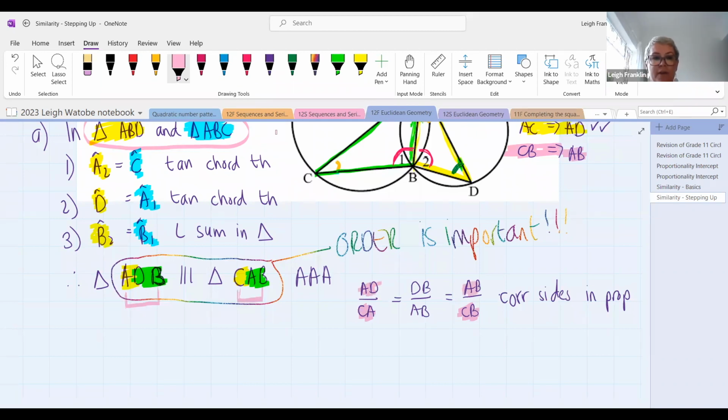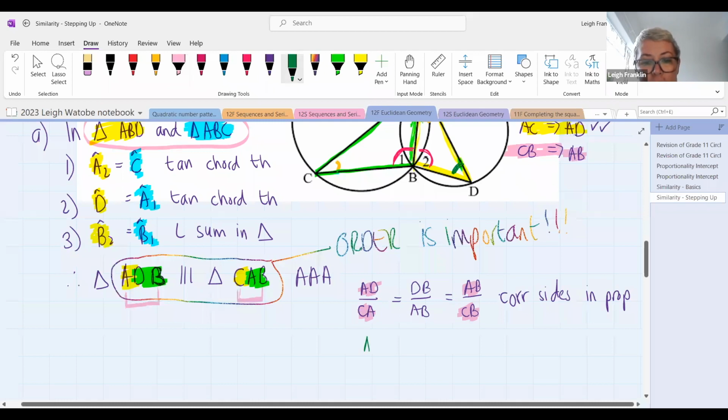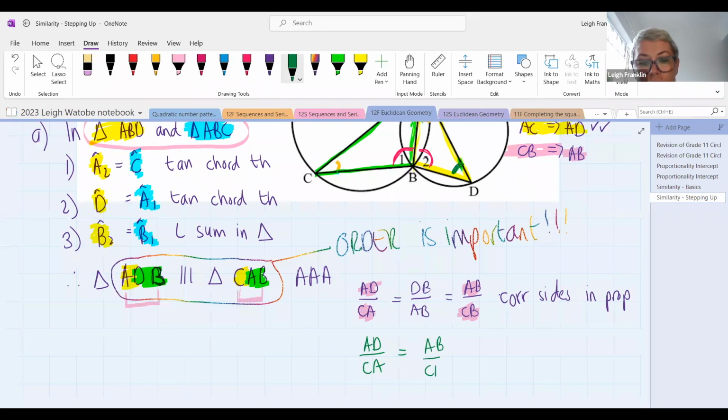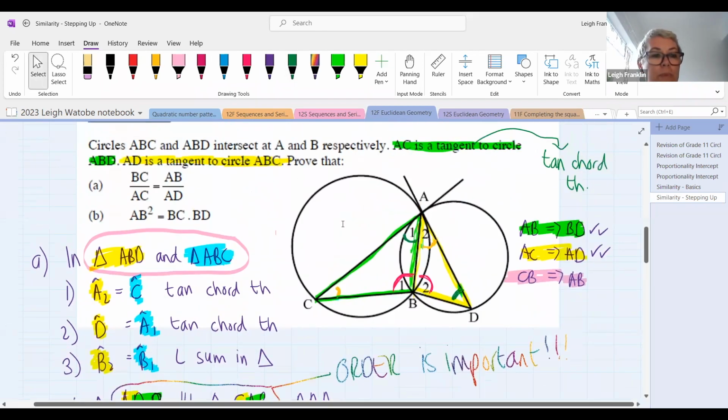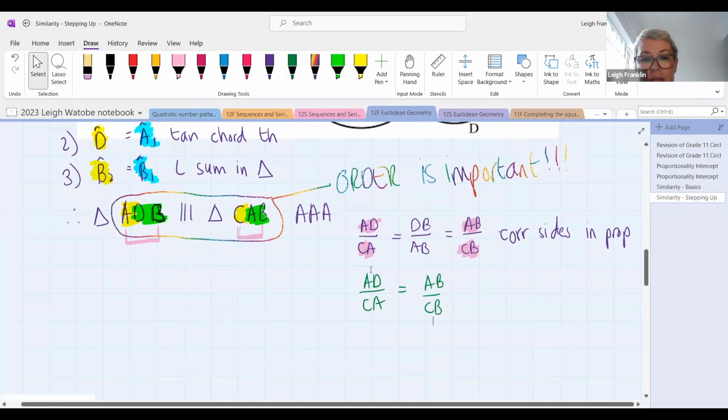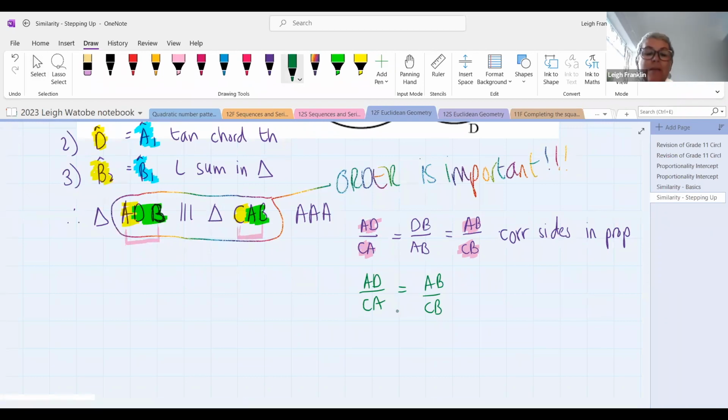It works out perfectly. Now I'm going to grab those. I'm going to say AD over CA is equal to AB over CB. What did they want me to do? BC over AC. So now they are asking me to make a comparison between the denominators and the numerators.